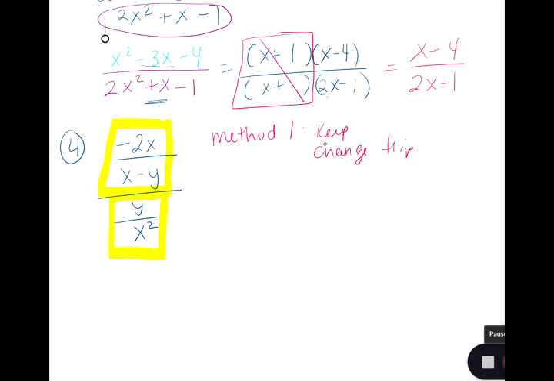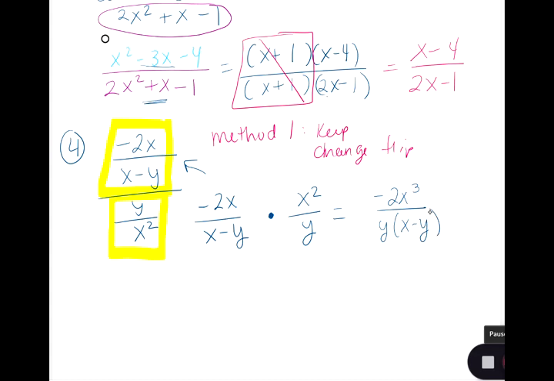So you keep the first one exactly as it is, negative 2x over x minus y. You change from division to multiplication, and you flip your second fraction, which is x squared over y. And then for fractions, we multiply straight across, so you get a negative 2x cubed over y times x minus y.